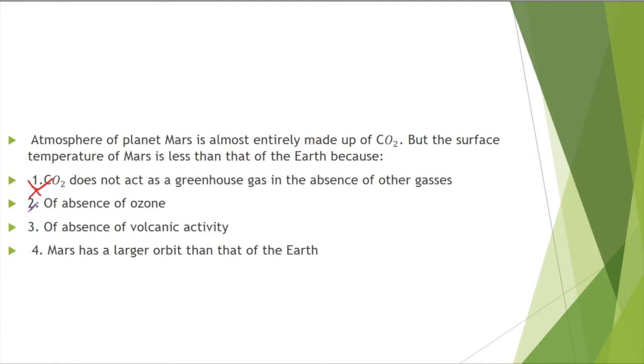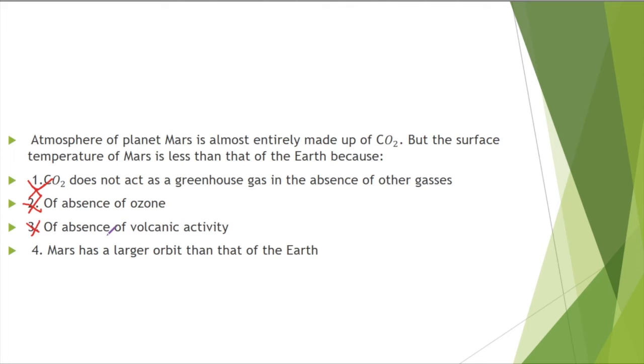Now the absence of ozone. Again, since the oxygen is very less, there is no ozone or very little ozone in the atmosphere of Mars. Again, third option, the absence of volcanic activity. So till now, most of the scientists find that there is Olympus Mons mountain on Mars, which is a kind of dormant volcano.